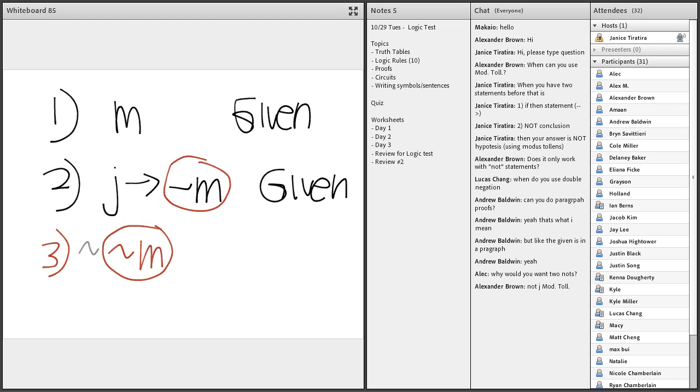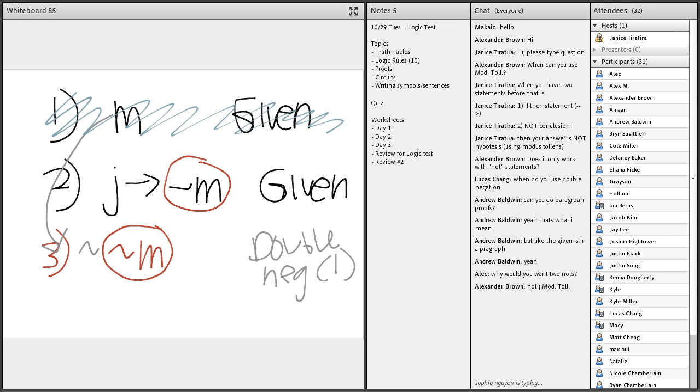So what I just did was go from step 1 to step 3 to get modus tollens ready. I did double negation from step 1 to step 3. Now I don't need step 1 anymore. It's not important or part of modus tollens. From there, I will now use step 2 and step 3.